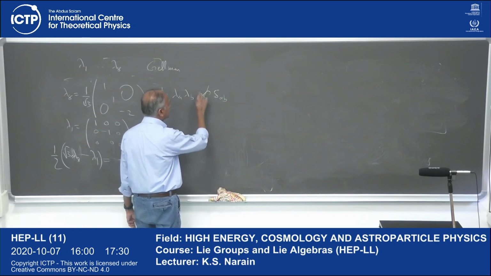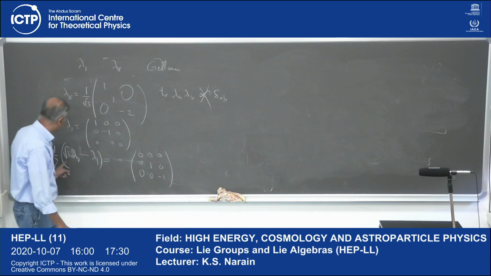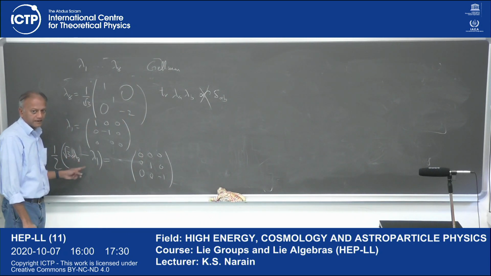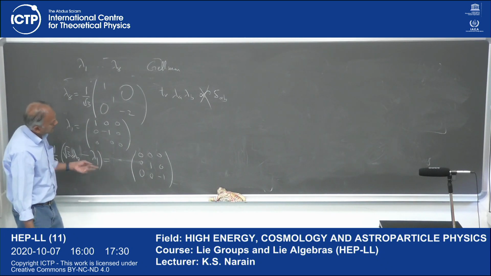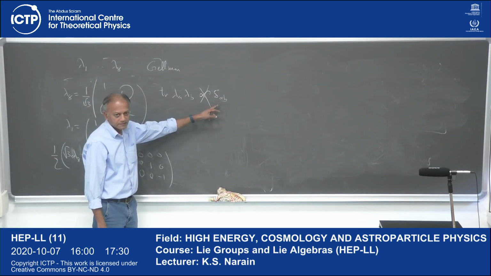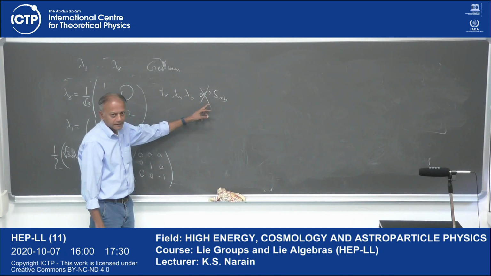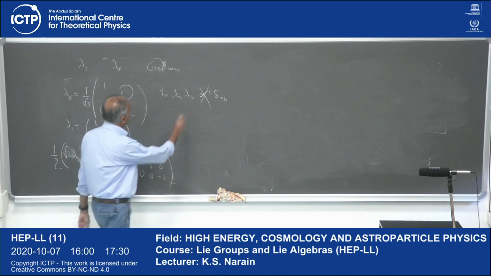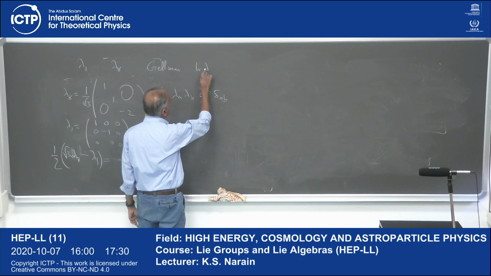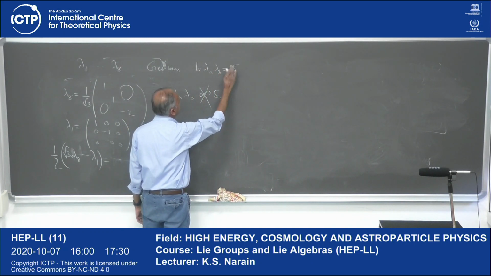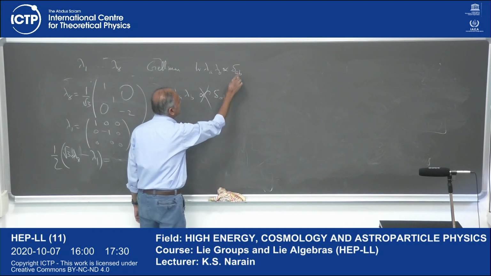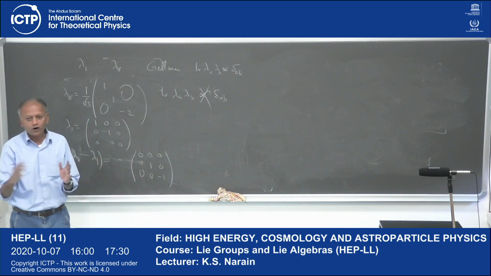If you have chosen this as your new lambda 8, then it will not be true. But it really doesn't matter so much. This condition is not so important. If you satisfy this condition, trace of lambda A lambda B proportional to delta AB, then we'll see that one can draw very nice pictures.